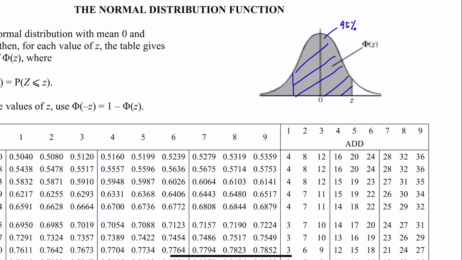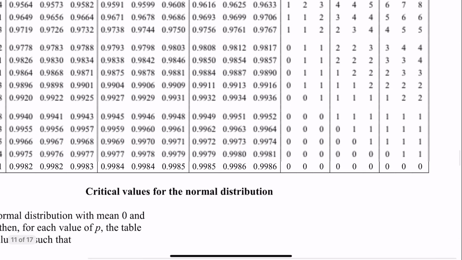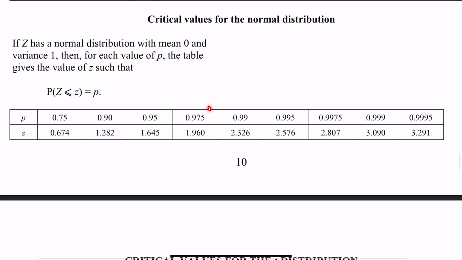But when we look at a Z value, we need to look at this whole thing here, right? So this whole thing would be 97.5%. So we need to look at P equals 0.975, and we know that the Z value would be 1.960.